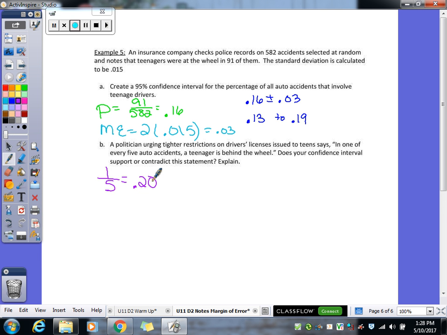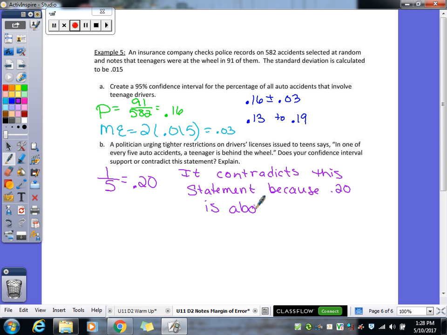It would be because 0.20 is higher than our confidence interval. So it contradicts the statement because 0.20 is above the highest value. Anything along those lines would be fine.